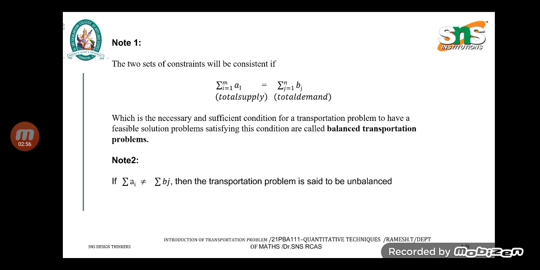So when the sum of total supply and the sum of total demand are equal, then we get a feasible solution, and the given transportation problem is balanced. Otherwise, if the total supply and total demand are not equal, the problem is unbalanced.